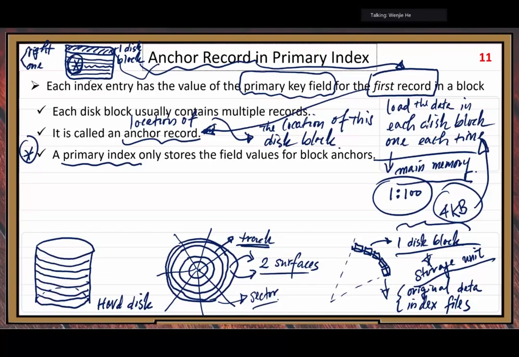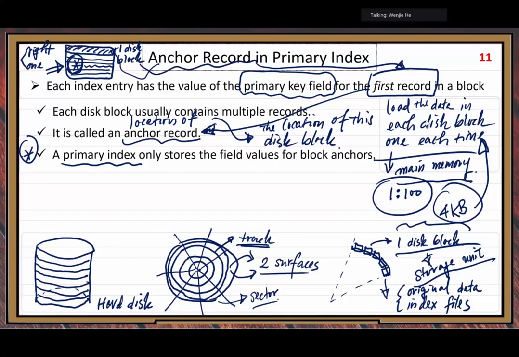When you do binary search, you can easily find the right disk block to load. Then you load the whole disk block containing your target row into memory, and you do the search in main memory and find it. So the reason you do not need to store the location for the other rows is that you can make a good prediction that the target row must be in a certain disk block. How? Binary search. Later, we will get there.